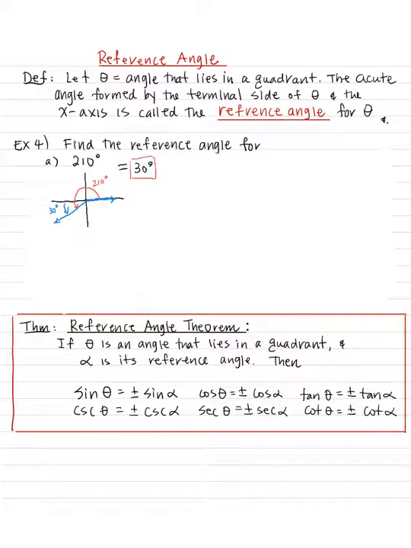All right, let's do another one. Part B, how about 5 pi over 6? Again, if you're not comfortable with radian measure, convert that into degree measure if you like. Now, pi over 6 is 30 degrees. Either way, this is the initial side, and 5 pi over 6 is going to be maybe over here.